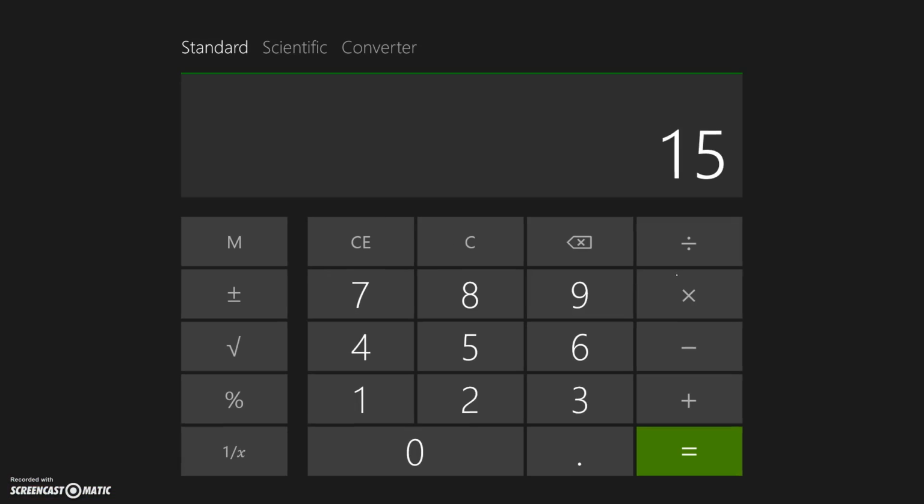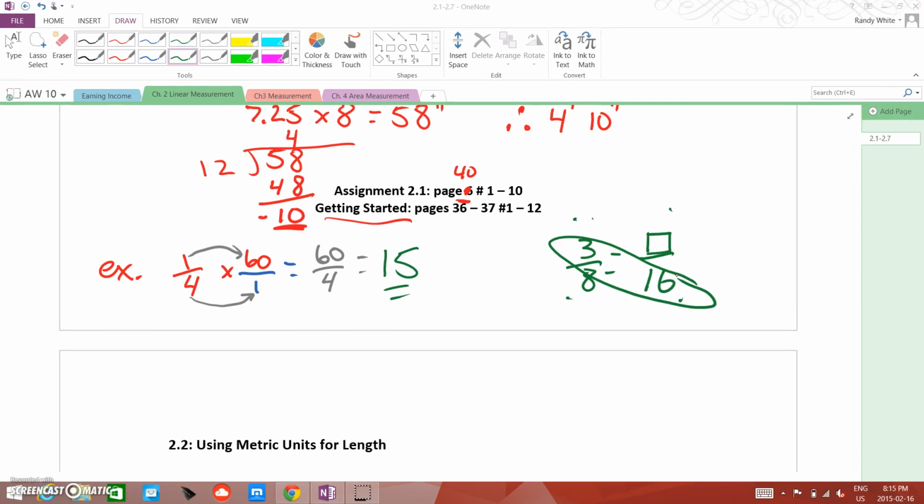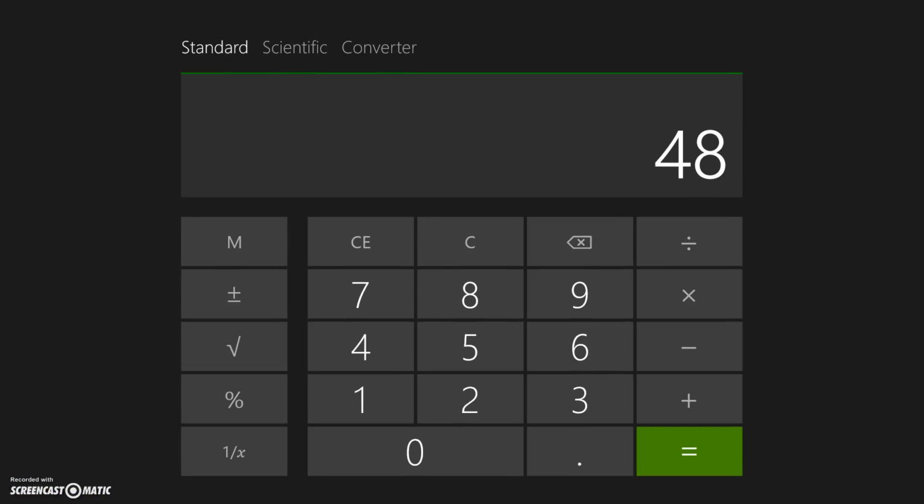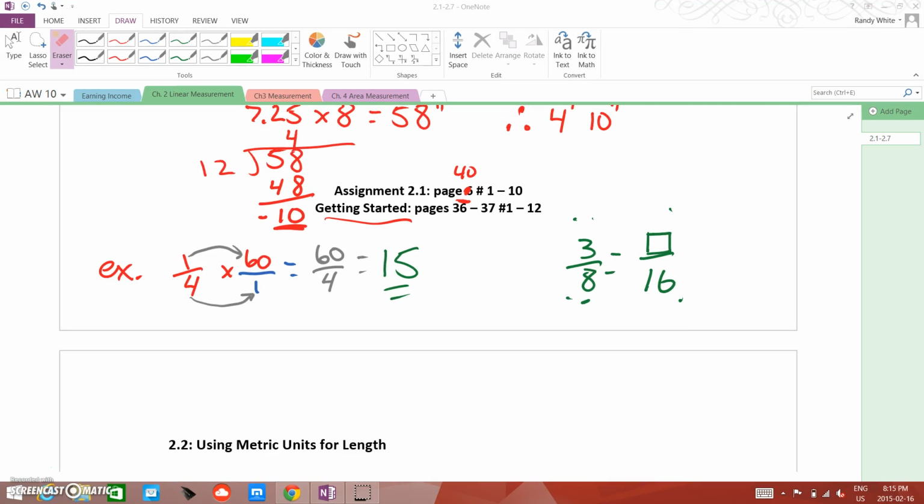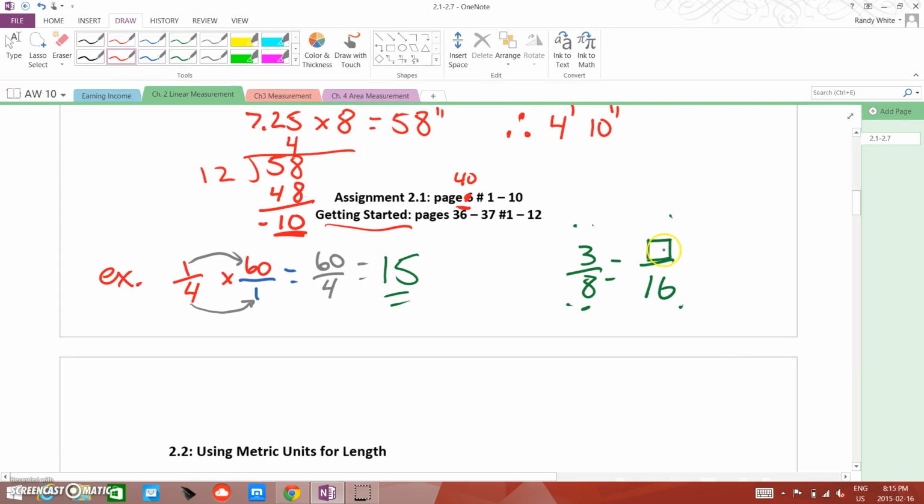So I'm going to take the 3 and I'm going to multiply it by the 16. Then I divide by the number that's left over, which is that 8. So that's all I need to do is just divide by that 8. So I'll take that 48 and divide it by 8, which is 6. So the number that would go in here would be 6.